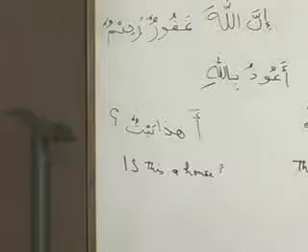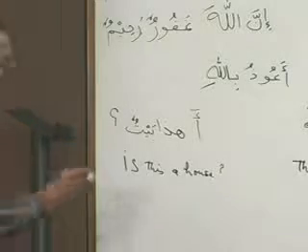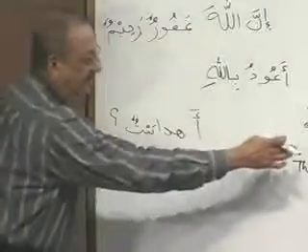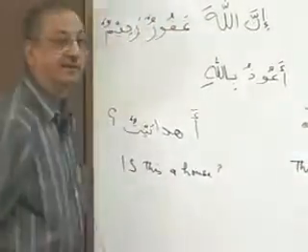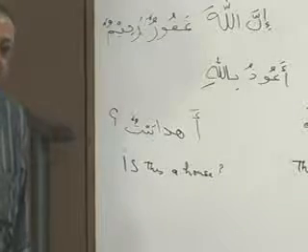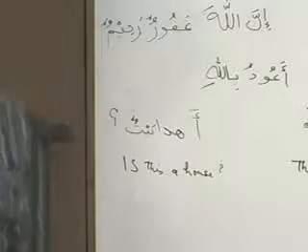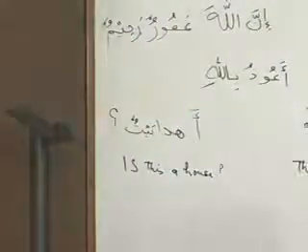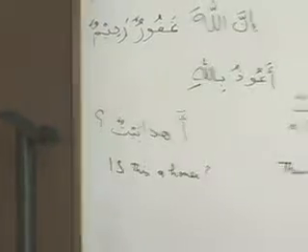So putting Hamza in front of a statement, brother, changes it into a question. Are you with me? No other changes. Just by putting Hamza in front of a sentence, you change it into a question. Are you with me, brothers?